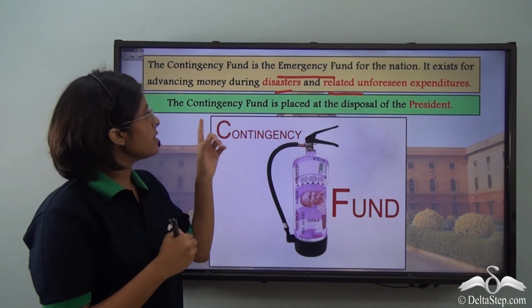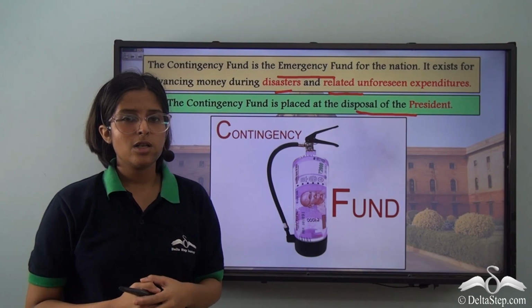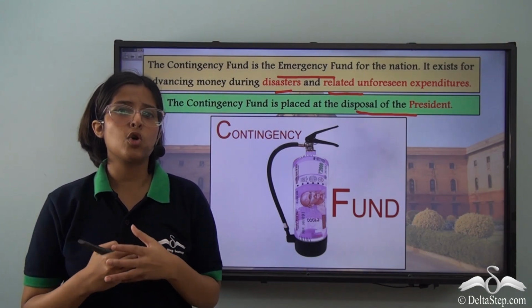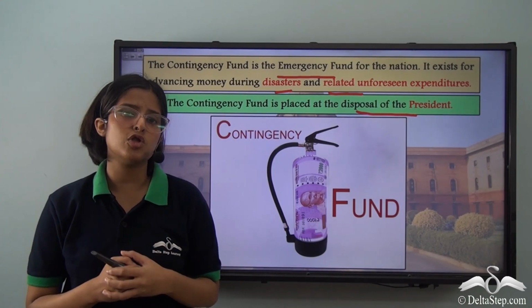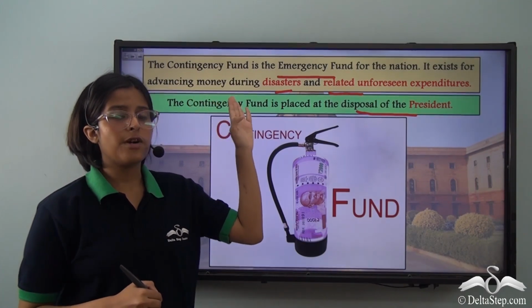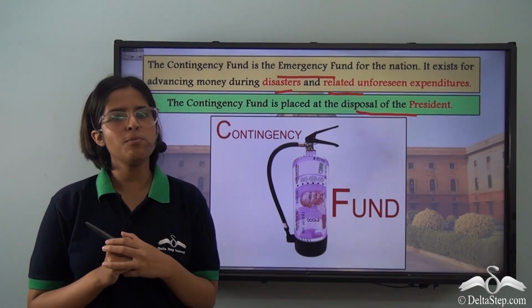The Contingency Fund is placed at the disposal of the President. So the President has the power to advance money from the Contingency Fund when it is urgently required. However, in reality, the Contingency Fund is held by the Finance Secretary on behalf of the President.